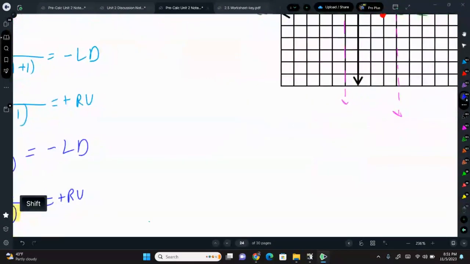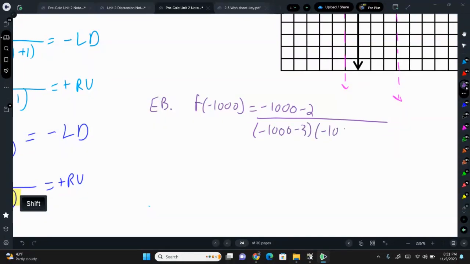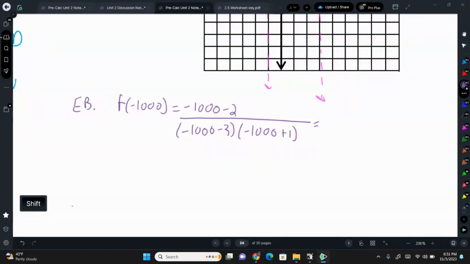So for the end behaviors, f of negative 1,000 equals negative 1,000 minus 2 over negative 1,000 minus 3 times negative 1,000 plus 1. And in the calculator, that is going to give us negative 0.001, which is less than 0, the asymptote.